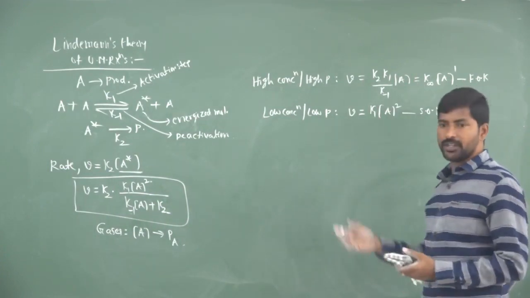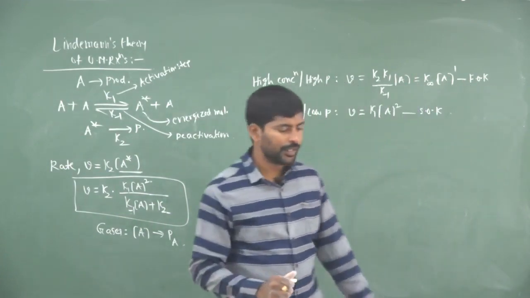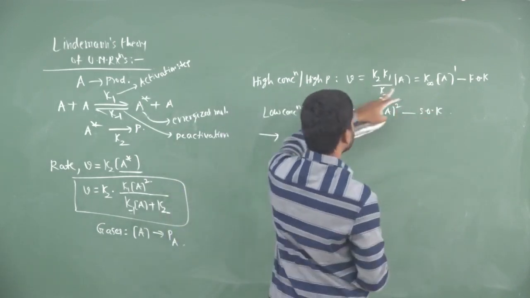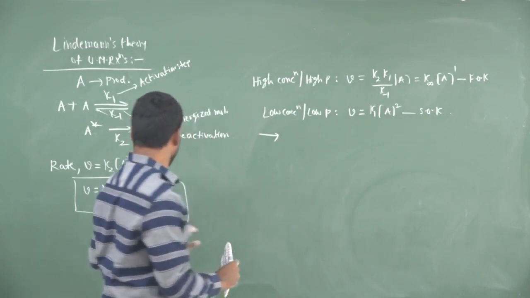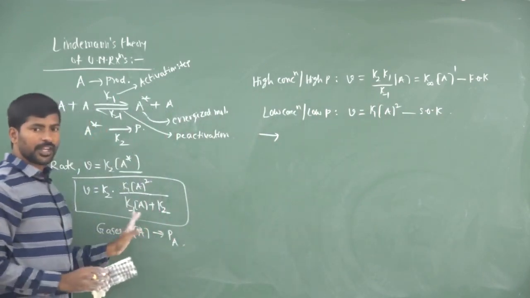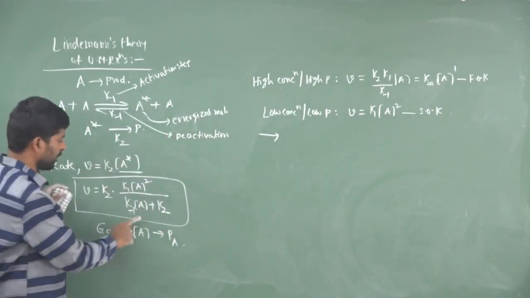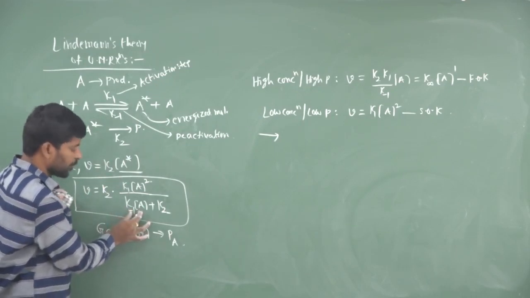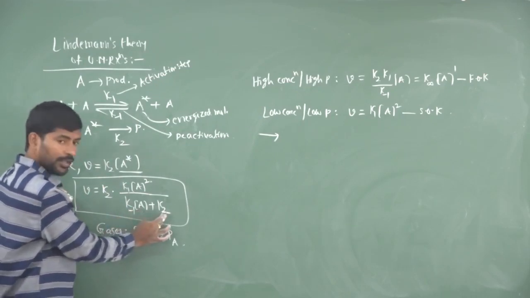Some additional information we also discussed: when it follows first order kinetics, is the rate of deactivation step more or is the rate of product formation more? At high concentration, K-1 into A dominates over K2.